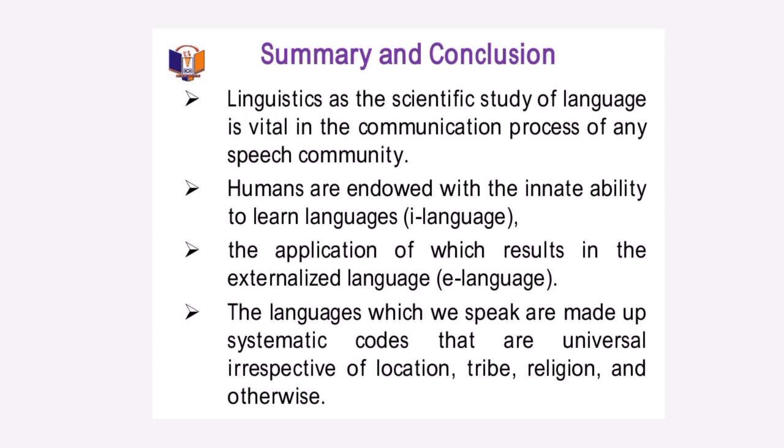Then we have the externalized language, which comes in the form of the different languages we have today, like English, Igbo, German, Spanish, Kiswahili, Portuguese, Chinese, all the languages in the world. These are what we call externalized languages, that is the E language. However, the device that makes it possible is the internalized language, the I language that we have inside of us, which is the language acquisition device.